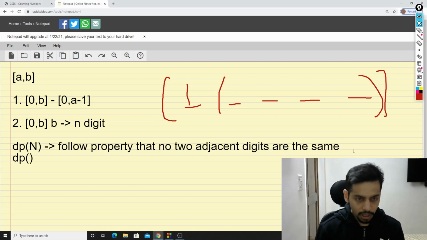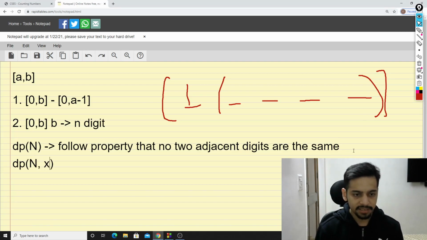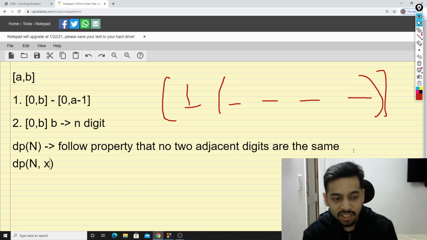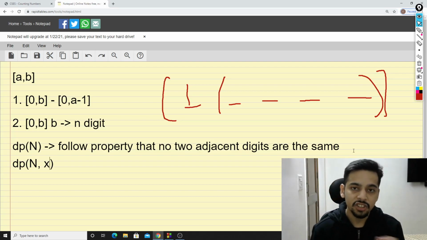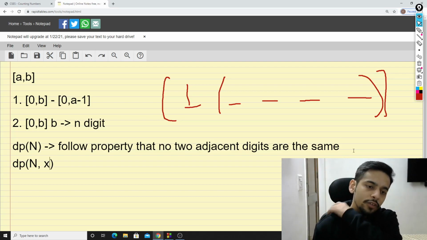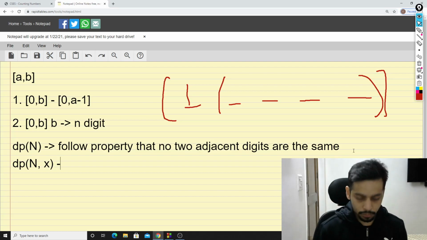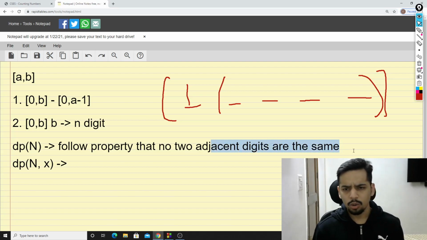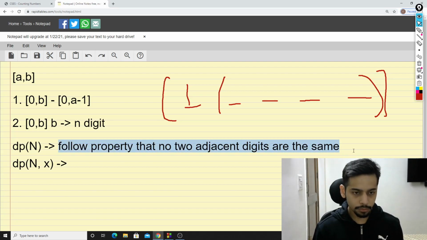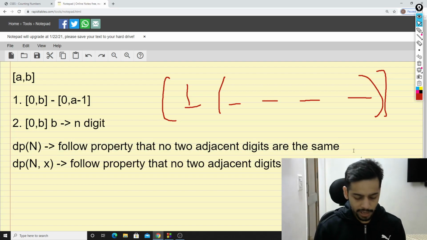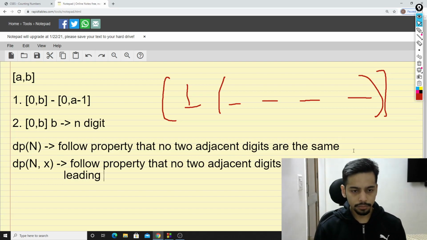DP of n comma x. How many n digit numbers exist so that the leading digit is not equal to x? That's the idea of DP n,x. They follow the property that no two adjacent digits are the same and the leading digit is not equal to x, right?